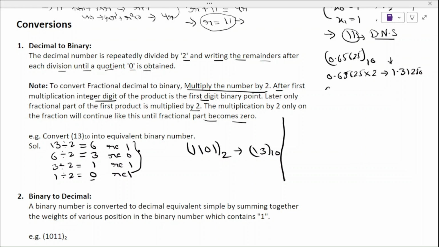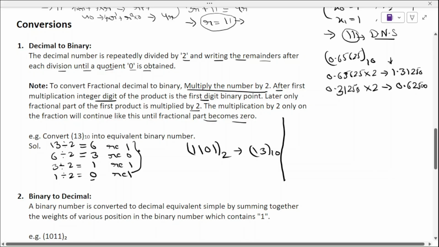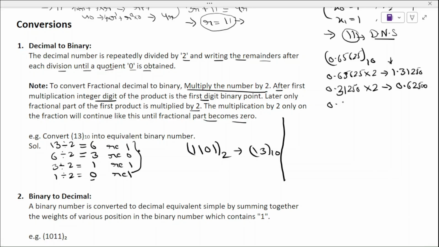Let's again multiply: 0.31250 multiplied by 2 is 0.62500. So my integer digit is 0. Let's again multiply the fractional part by 2. 0.62500 multiplied by 2 is 1.25000. So my integer digit is 1.